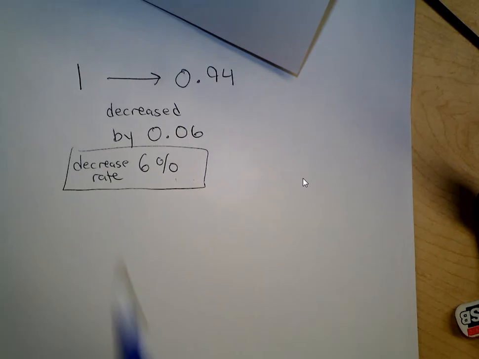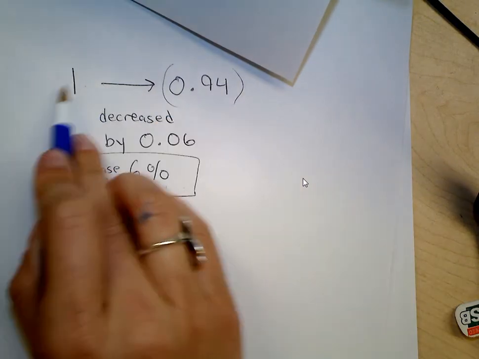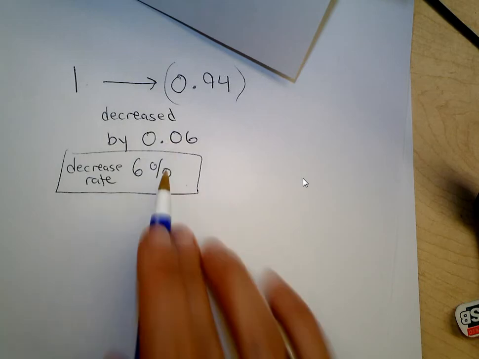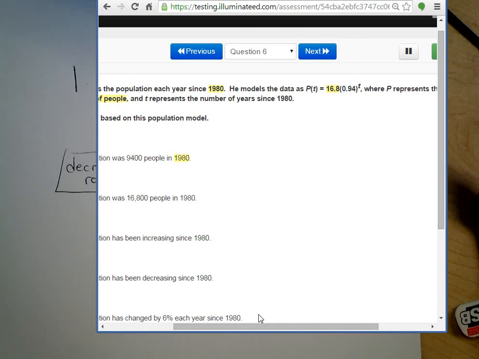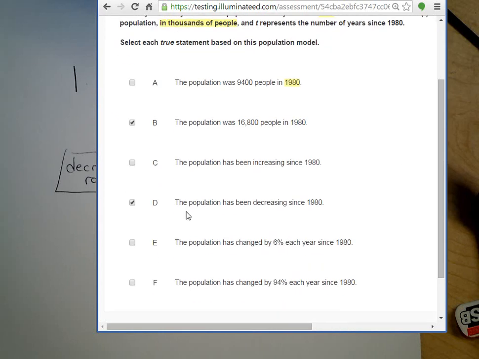We always compare what's in our parentheses to 1. Going from 1 to 0.94, I had to decrease by 0.06, which is 6%. So going back to my question, that means the population has changed 6%, not 94%. So the answer there was B, D, and E is what you should have selected.